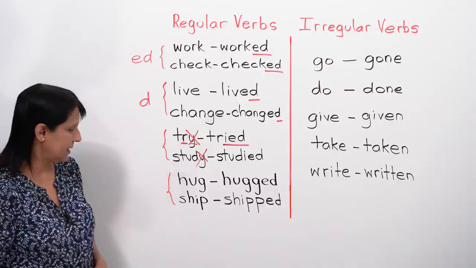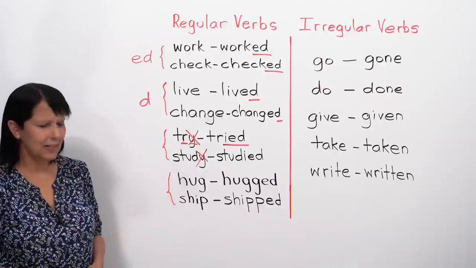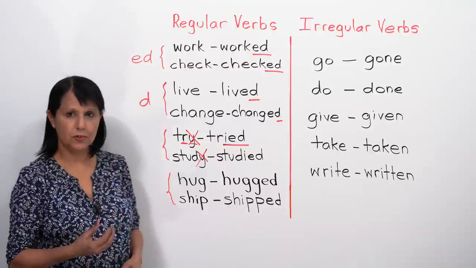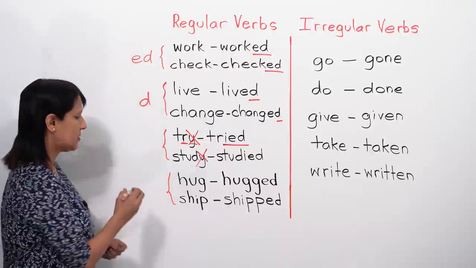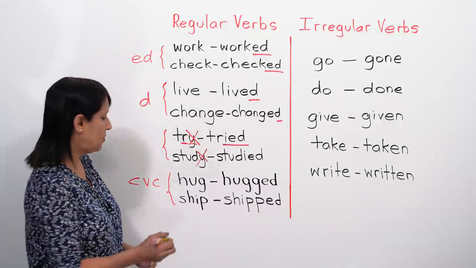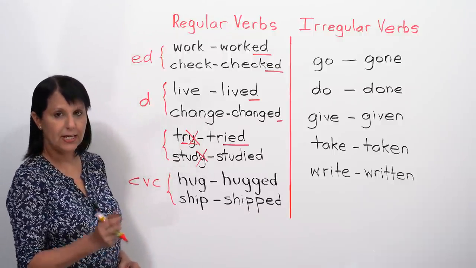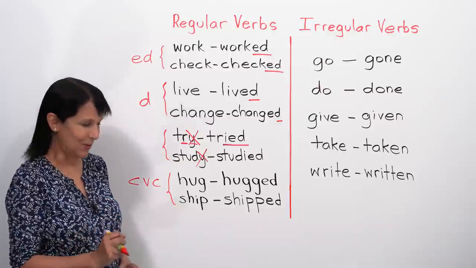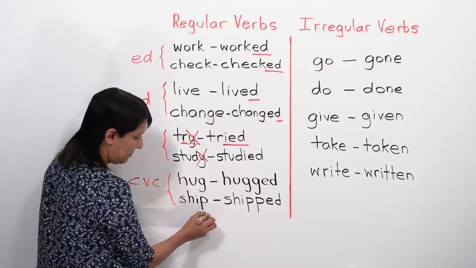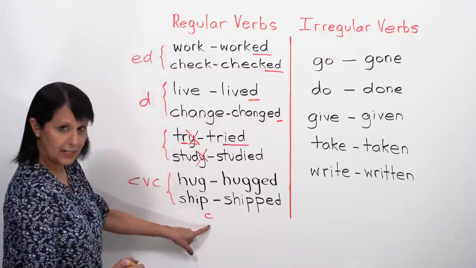Like that. And the last pattern that we can kind of see, or one of the main patterns, is for verbs that end with what's called a CVC pattern. So C stands for consonant and V stands for vowel. So we look at the verb from the end. Let's look at this one. Starts with a C at the end.